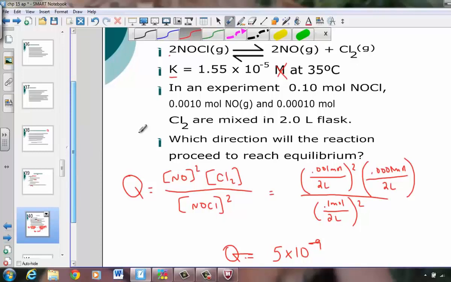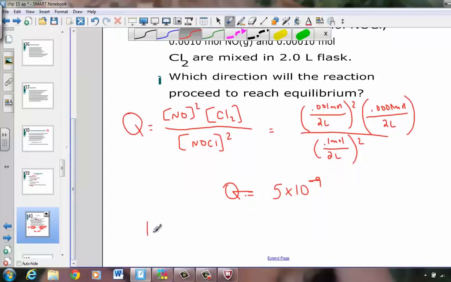Now let's compare that. The K was 1.55 times 10 to the negative 5th. And so this Q compared to the magnitude of K is much smaller. What have we learned about the proceedings of our equilibrium?